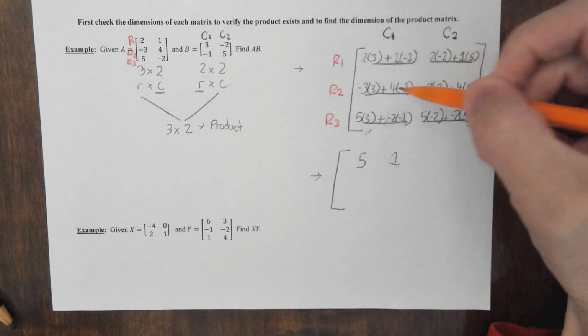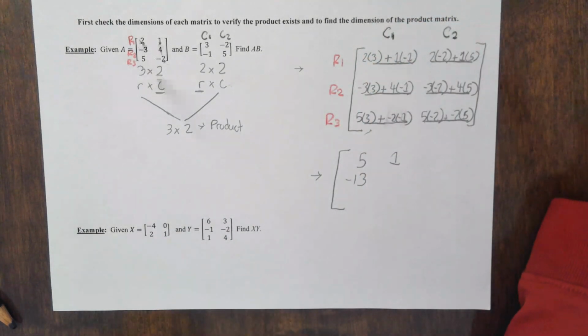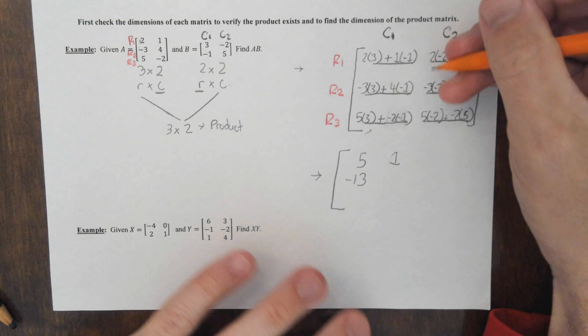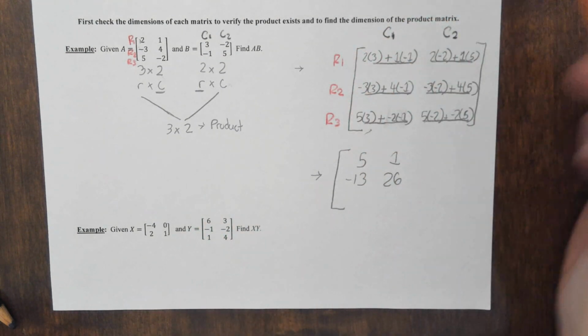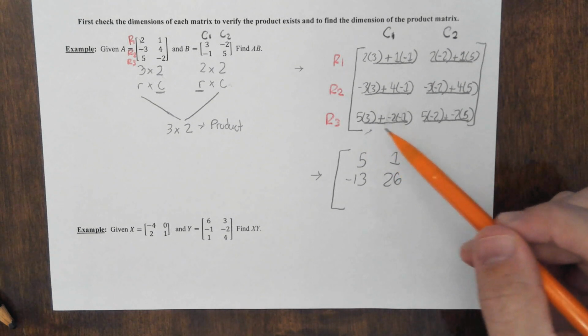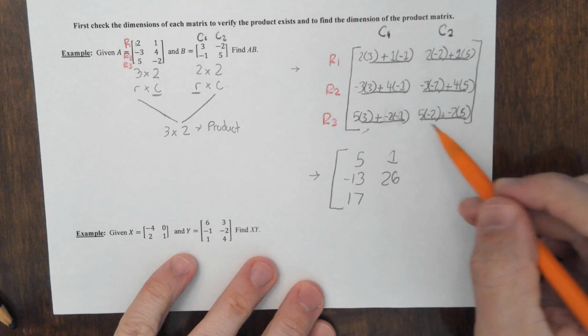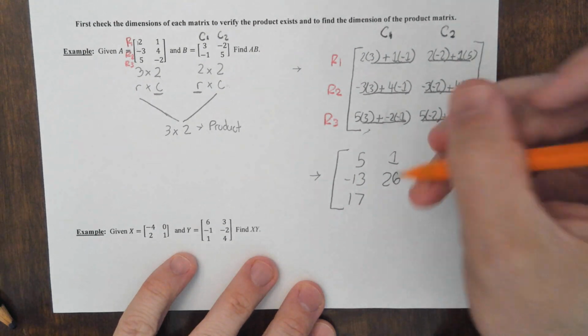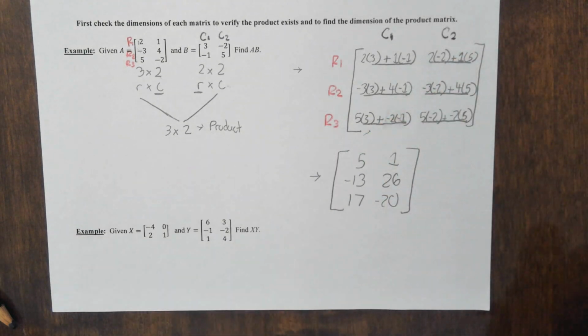Negative 9 minus 4 is negative 13. 6 plus 20, 26. 15 plus 2, 17. And then negative 10 minus 10, negative 20. And there you go. There is your solution.